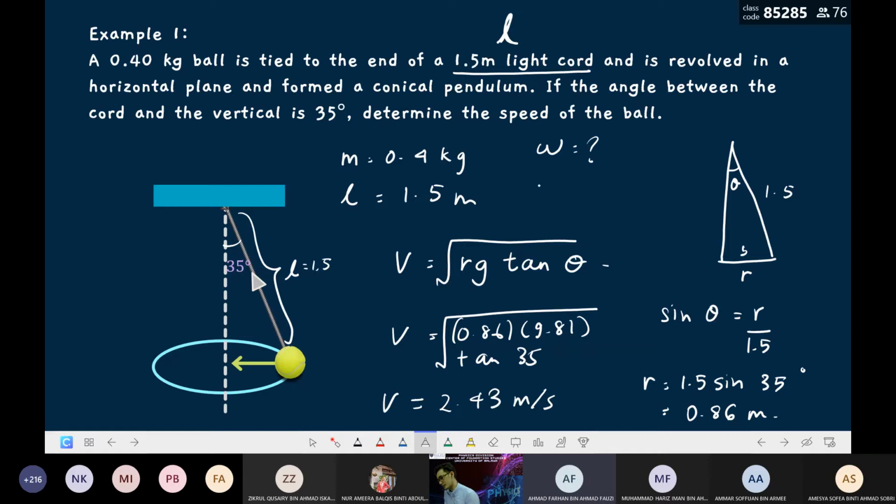Correct. Why? Because we know velocity is equal to R omega, then omega is equal to V over R. Okay, good. Alright, next, example 2.